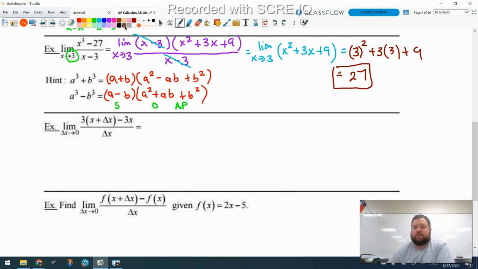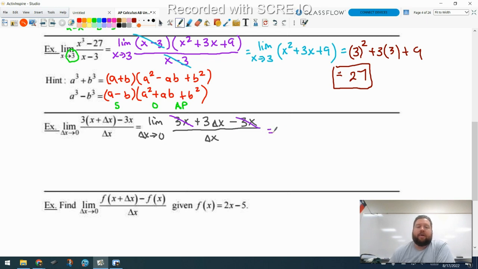All right, this one's pretty simple. We just need to distribute the limit as delta x approaches 0 of 3x plus 3 delta x minus 3x, divided by delta x. All right, so we can see that our 3x's will cancel out.